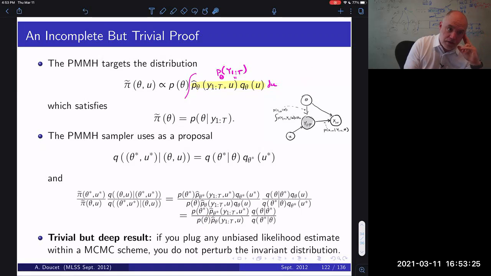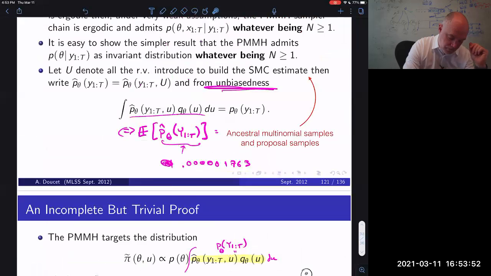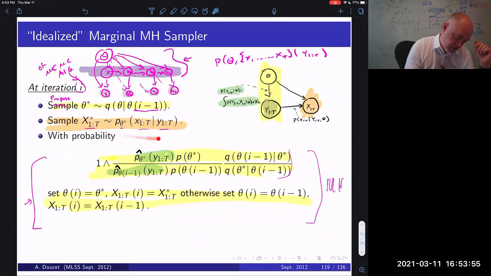This is an ergodic Markov chain that has the right properties to sample from the joint distribution of theta and x1 to t, because we can always go back at any point, for any value of theta, and sample from this posterior, i.e. this thing right here, because this is just a byproduct of sequential Monte Carlo.